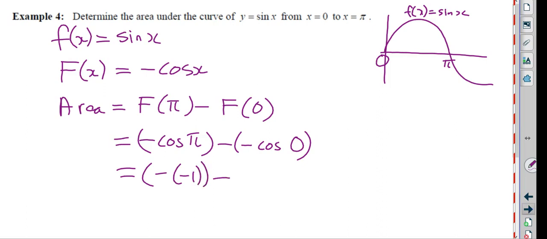And what's the cos of 0? Positive 1. So minus negative 1. So negative cos pi is 1. Minus negative 1 is going to be 1 plus 1, which will be 2. So the area under that curve is 2 square units, units squared.